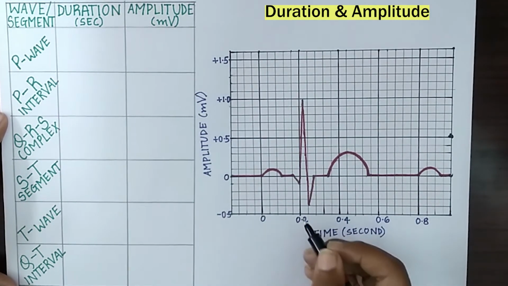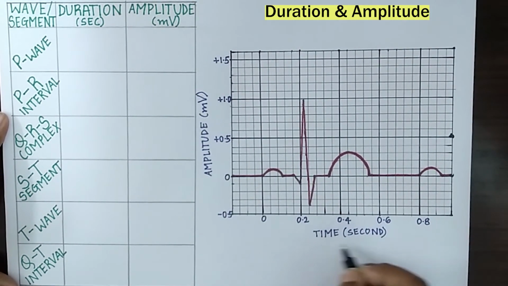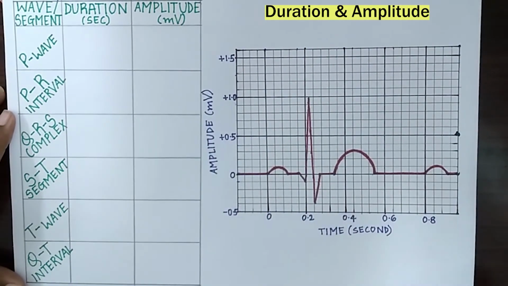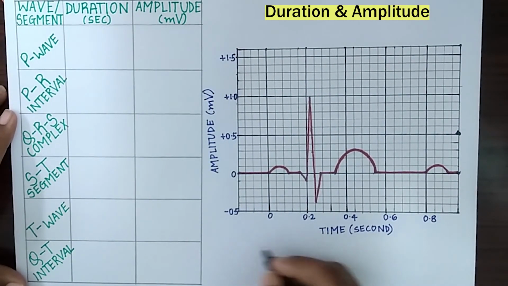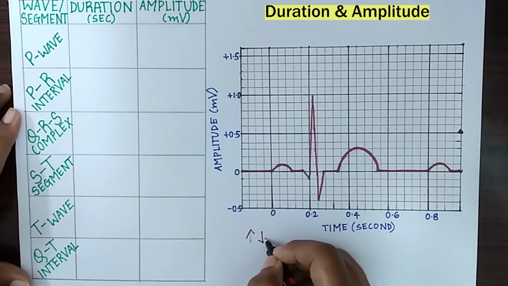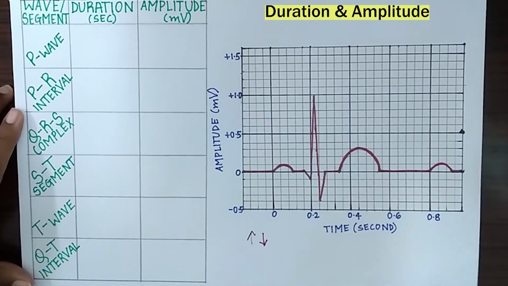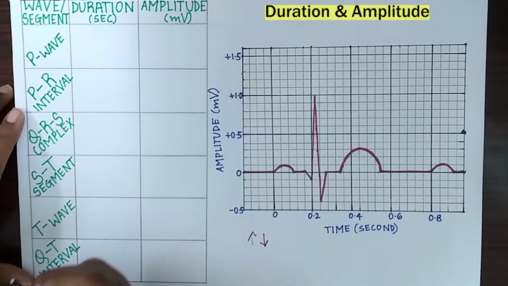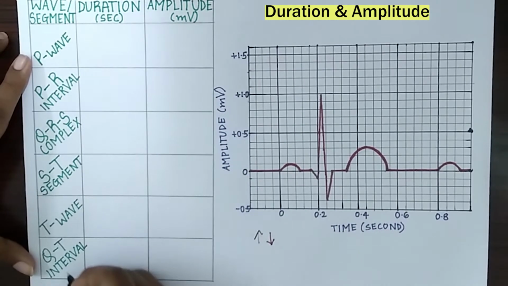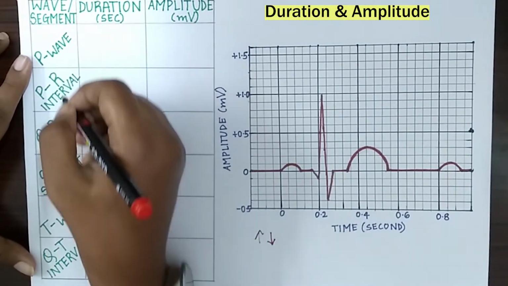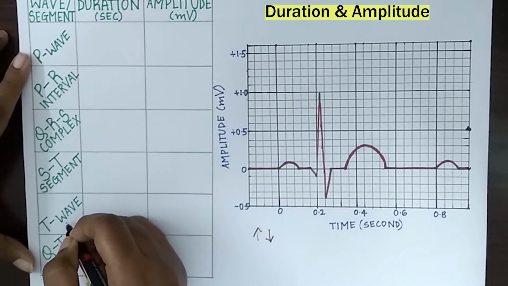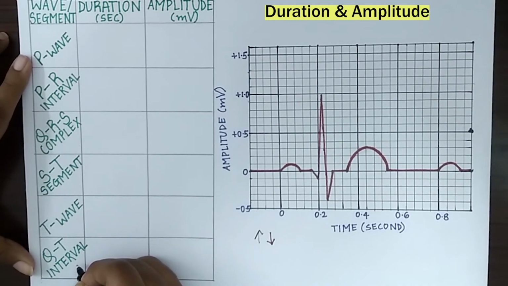Duration and amplitude. So duration and amplitude is of utmost importance to know while reading ECG, because in pathological conditions this duration and amplitude varies. So to correctly diagnose the abnormal, we first need to know what is normal. So to make it simple, we have written in sequence: P wave, PR interval, QRS complex, ST segment, T wave and QT interval.